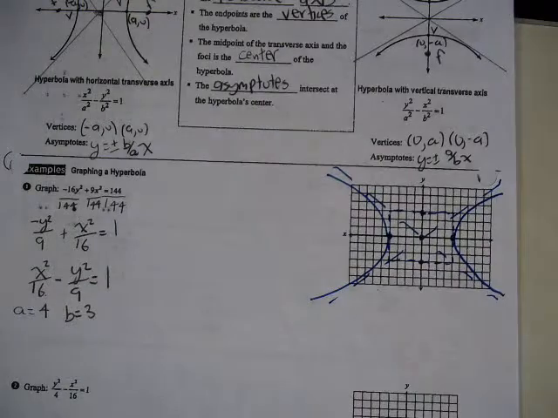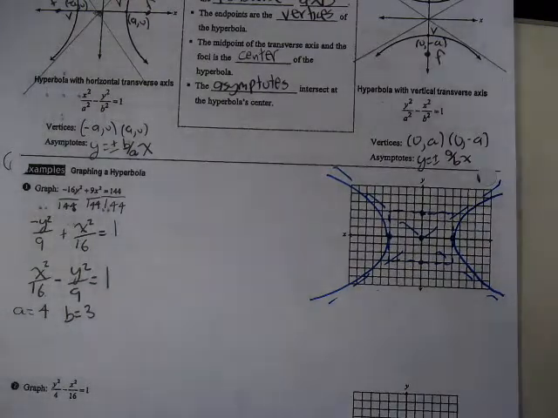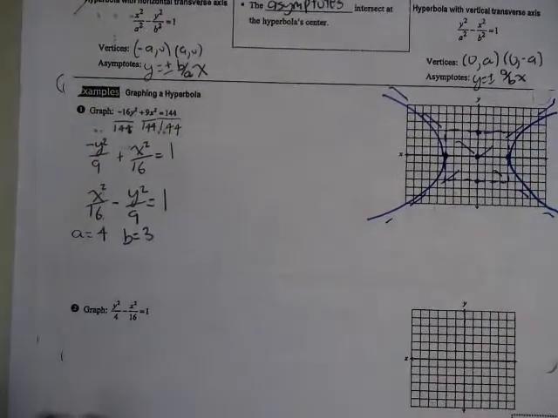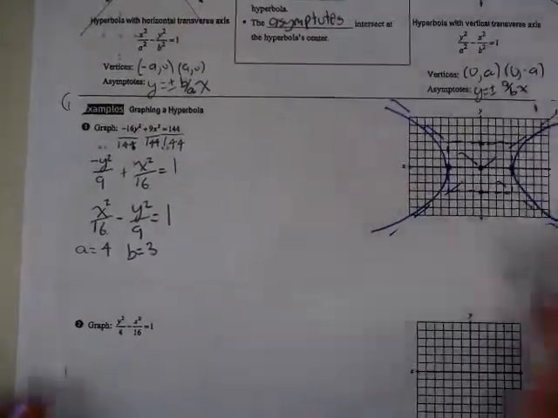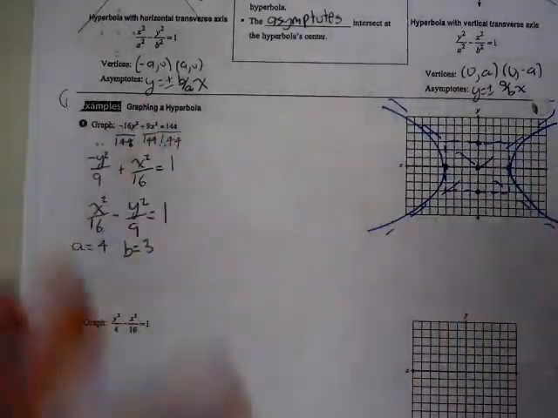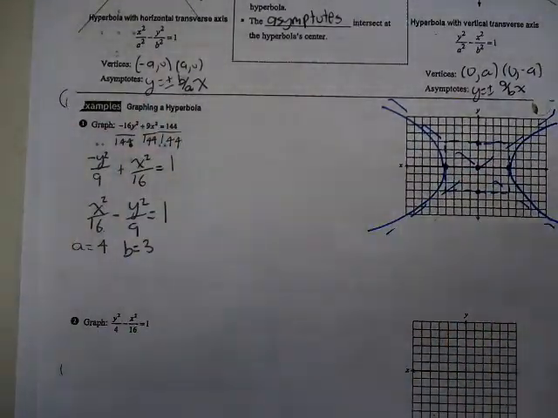Okay, and now we've graphed it. Now, in a few more questions, we're going to start making sure we put the foci in, but for now, let's just work on graphing these.